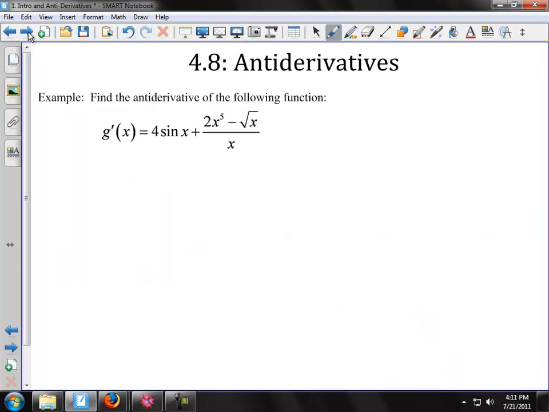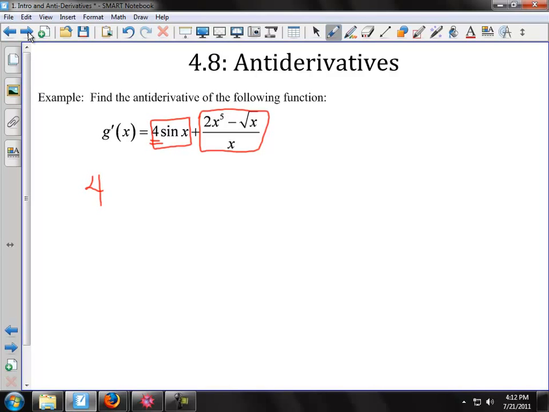All right, so here's an example of a problem you might see. Find the antiderivative if you know the derivative is 4 sine of x plus 2x to the 5th minus square root of x, all divided by x. How do you find the antiderivative of that? Well, the plus sign means we can focus on each of these separately. The 4 out front means it's just a constant. We can ignore it, so we just bring it down.